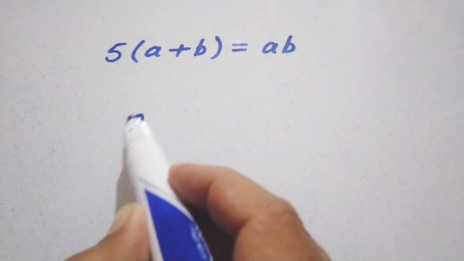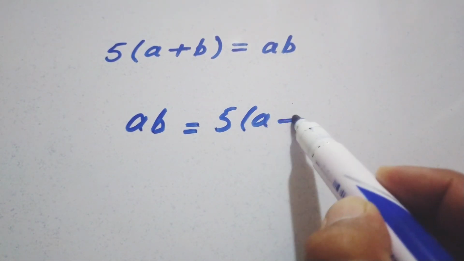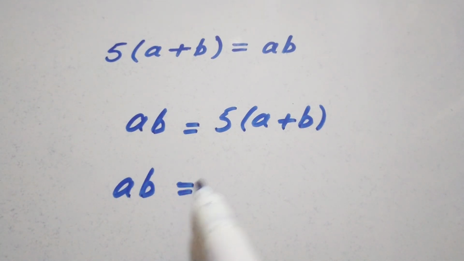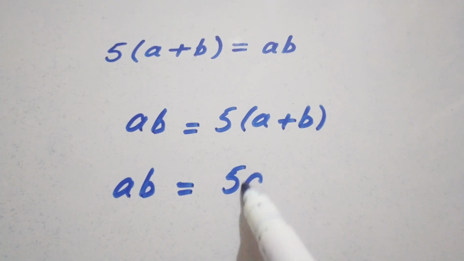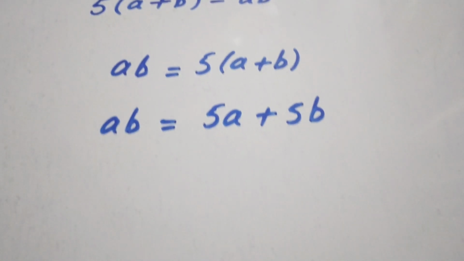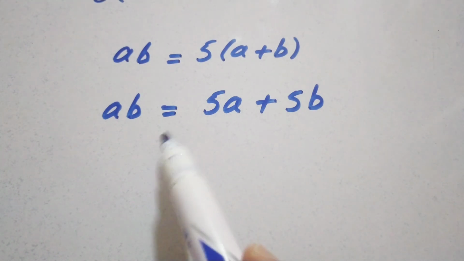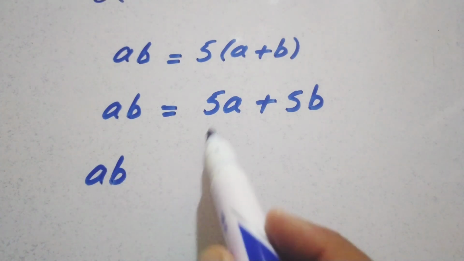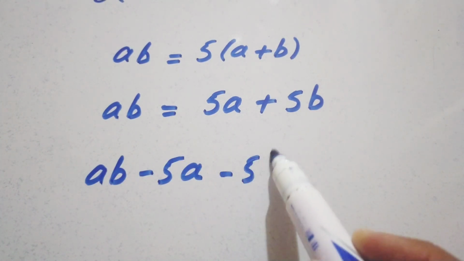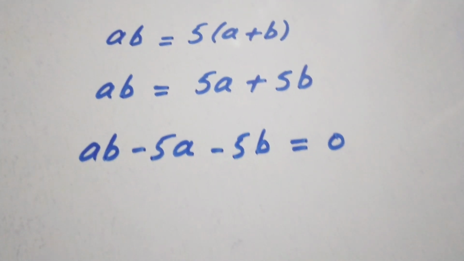You can write this as ab is equal to 5 into a plus b. And now ab is equal to 5 multiplied by a plus b, we get 5a plus 5b. Now by moving all the terms from right hand side to left hand side, this will become minus 5a and this will become minus 5b at the left hand side, and is equal to 0.